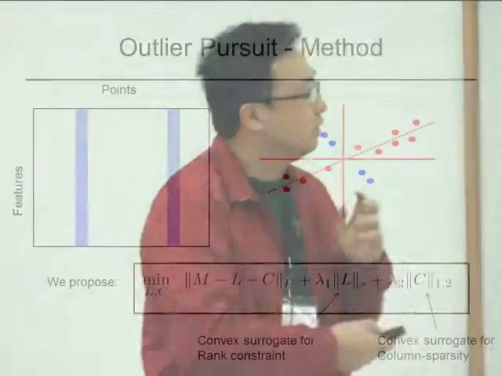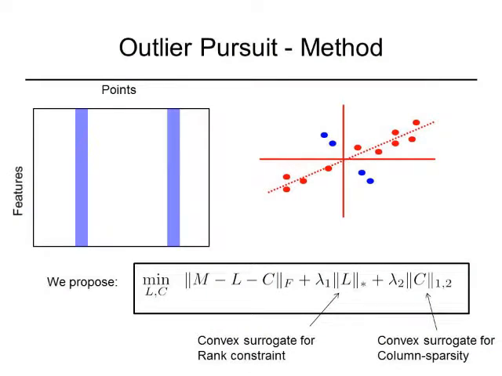So that means if I can approximate my observation as a summation of two matrices, the first corresponding to the true samples, which should be low rank, and the second corresponding to the outliers, which should be column sparse, then I'm in business.